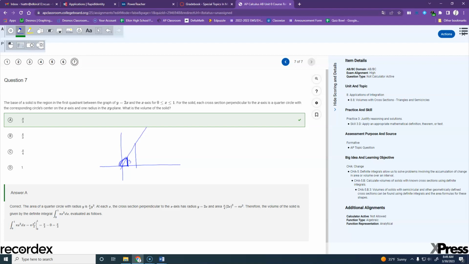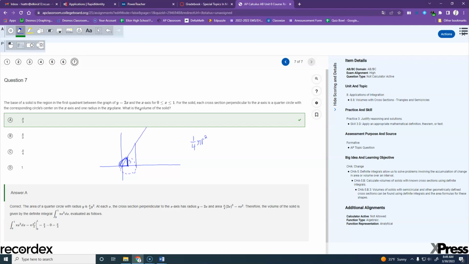So your area for a quarter circle is 1/4 pi r squared, and for this one, that S is your radius, right? Because the rest of the circle would go like this. So S is your radius in that case.